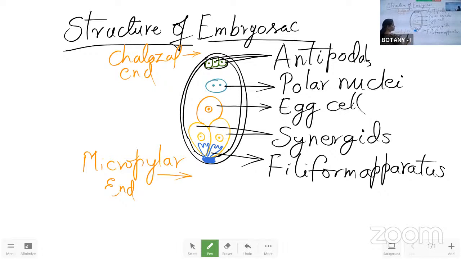Now we have to give the complete description of this embryo sac. Once we have seen the embryo sac like this, now we have to go with the descriptive part.